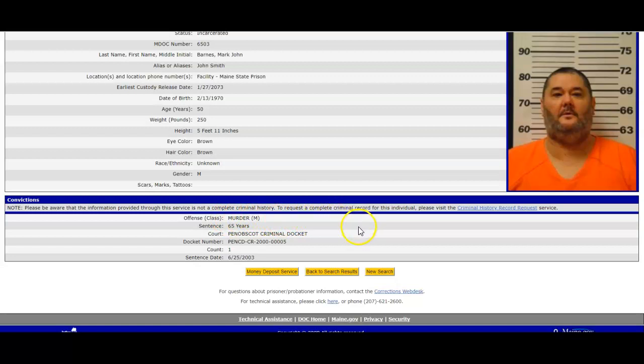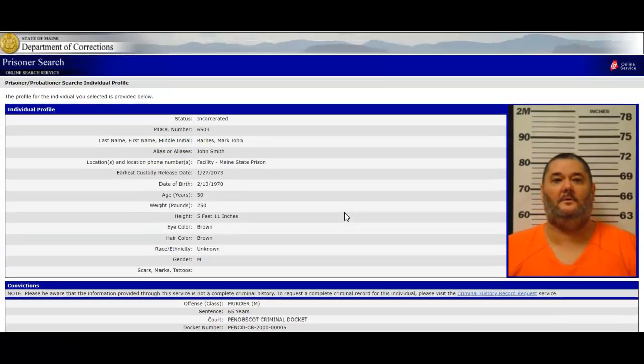In some instances, it's maybe not quite as clear as to what the conviction may have been for, but they do give you this docket number, so you could potentially do further research in the case of an inmate where you want to know more about the crime that was committed. And that's pretty much everything for finding an inmate in the state of Maine, which would also include those that are in the system for other reasons.